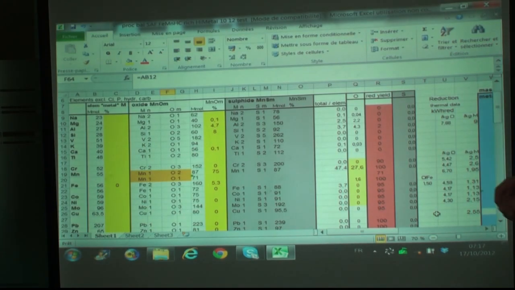You find what they call the delta H formation of the oxide, of the metal oxide M. This is the heat of the reaction: M plus O gives MO, or MON if you want. This is the heat of this reaction.